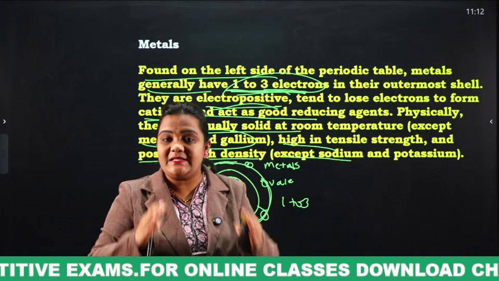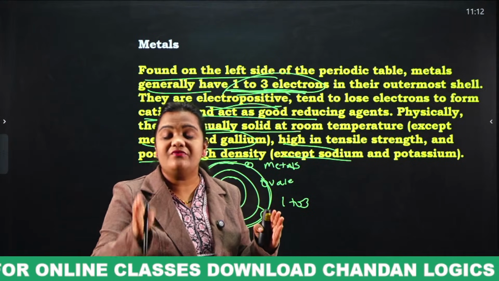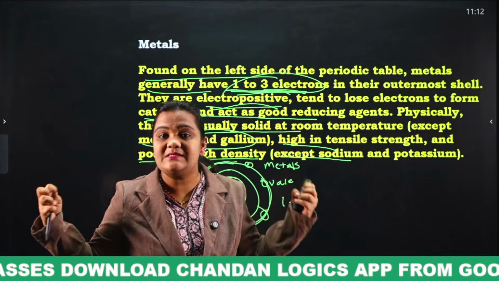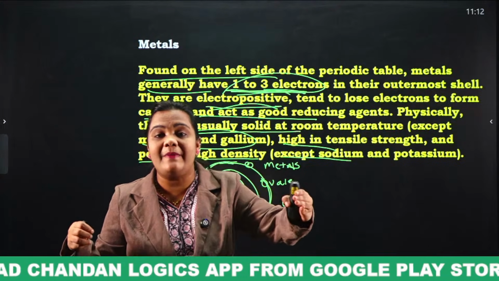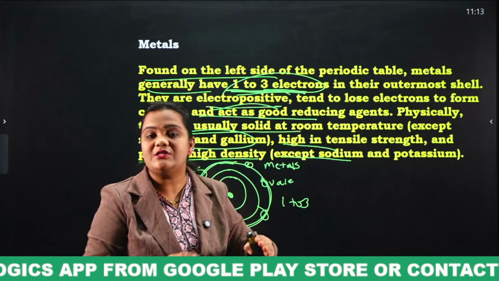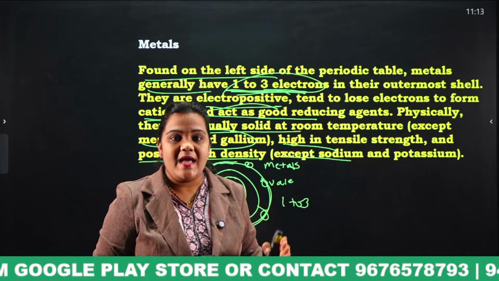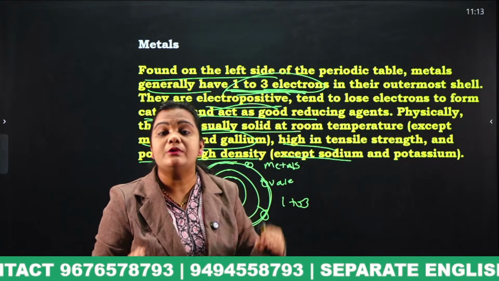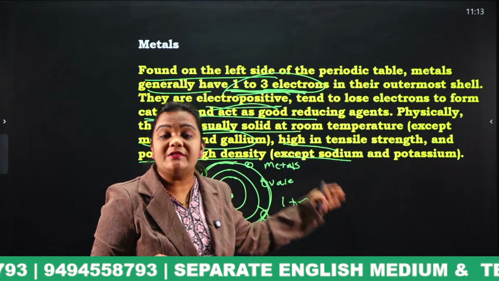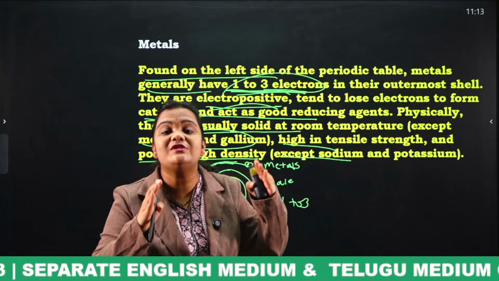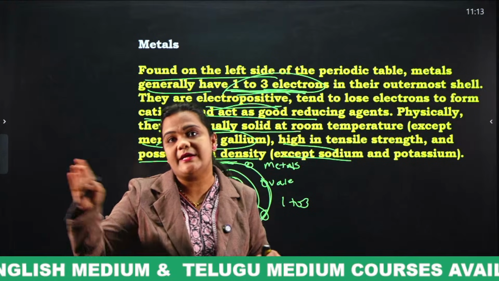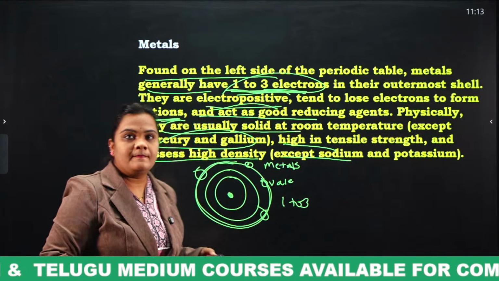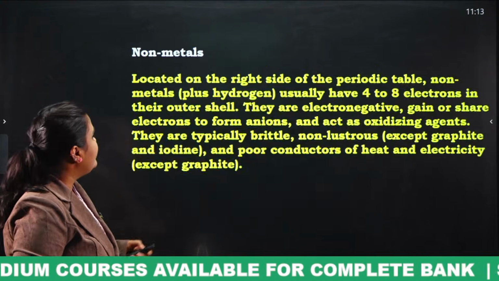If the length of the metal increases due to a certain force applied, that type of strength is known as tensile strength. And all the metals have high density except sodium and potassium. These sodium and potassium are always stored in what? In kerosene. Okay, very good.